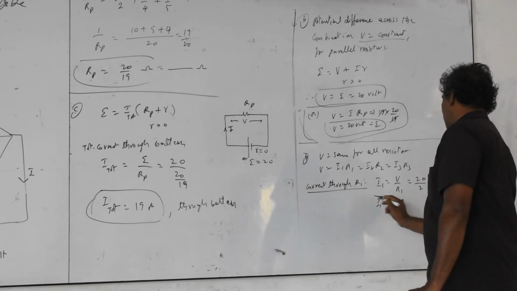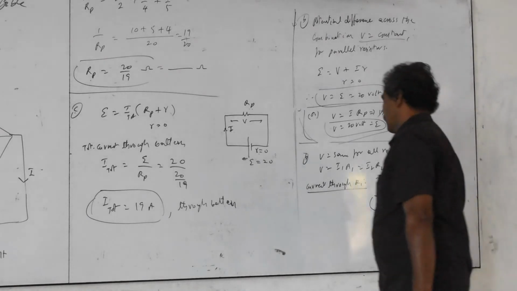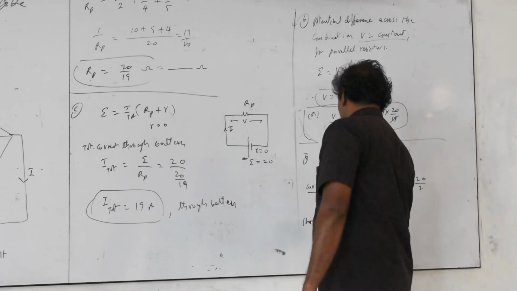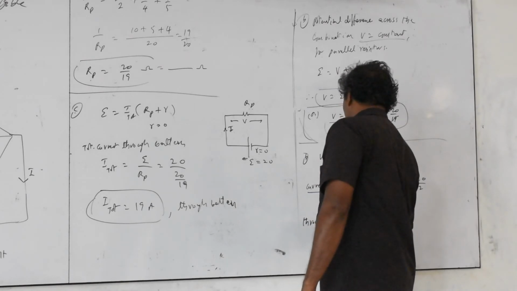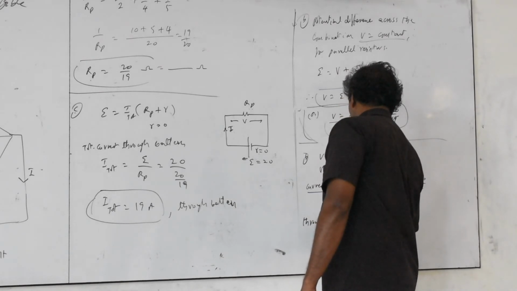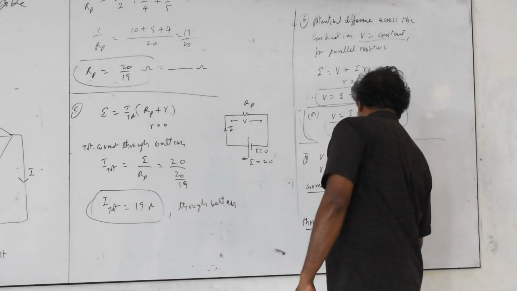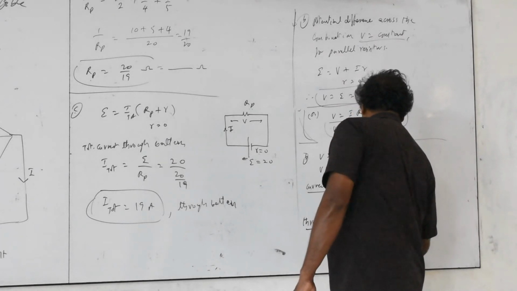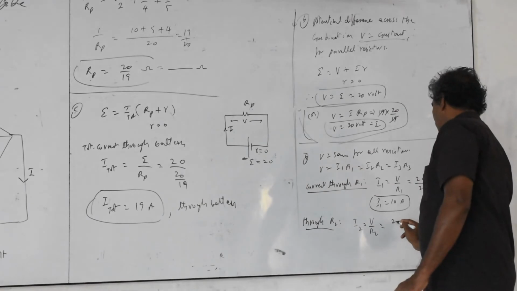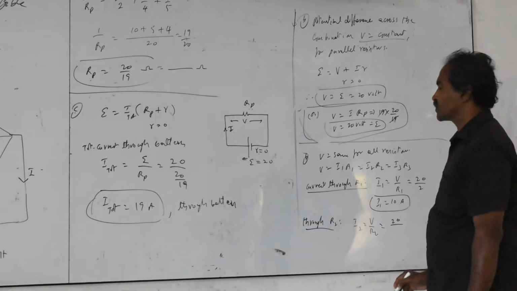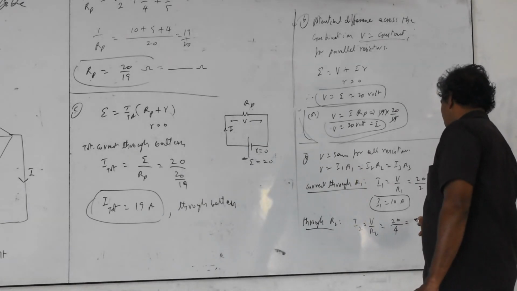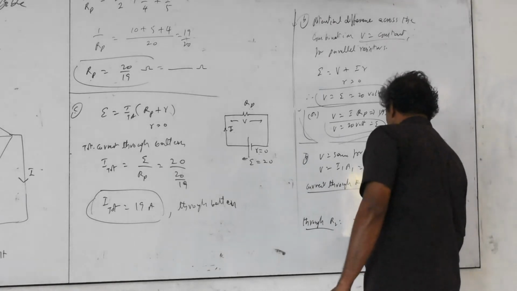We get the units also. Next, through R2, I2 is equal to V by R2, which is 20 by R2. R2 is 4 ohms, which gives 5 amperes.